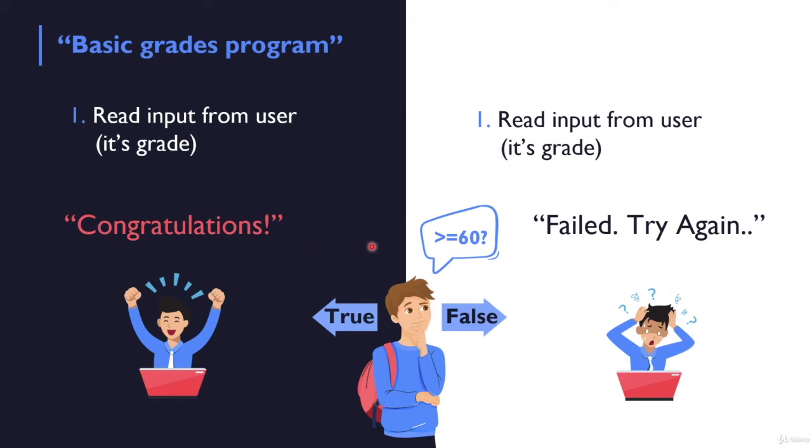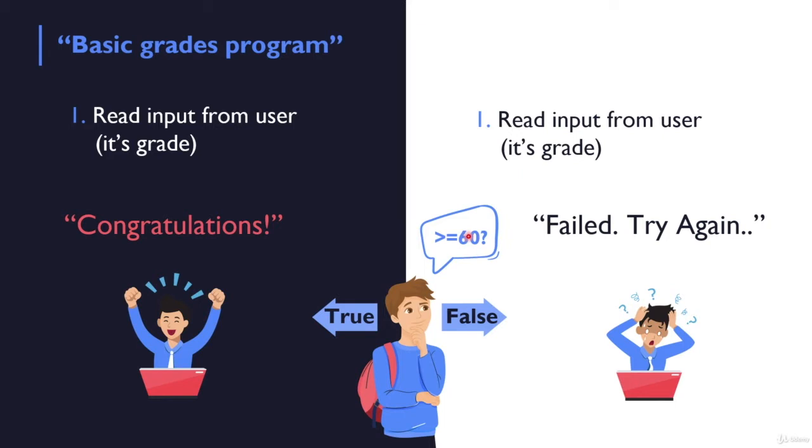Otherwise, if the grade is not enough to pass the exam, we will run the code on the right and print a failed, try again message. So now we simply do not print both of the messages as we've done previously. We are just executing the relevant part of the code based on the result of this condition.